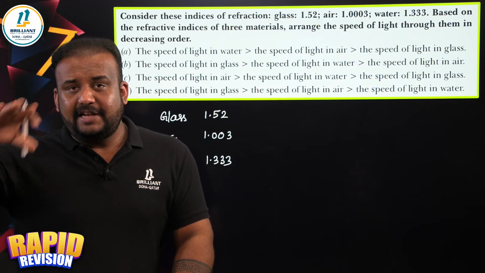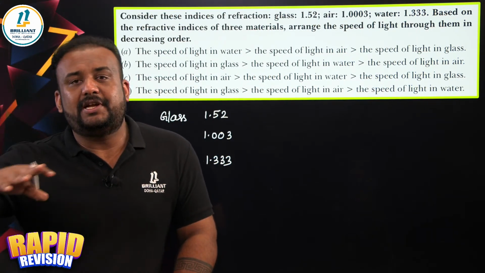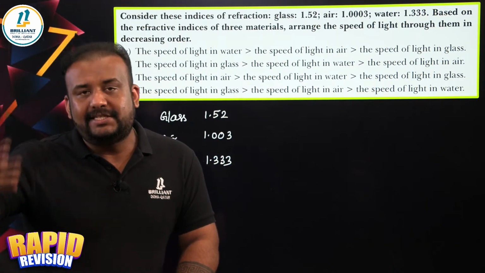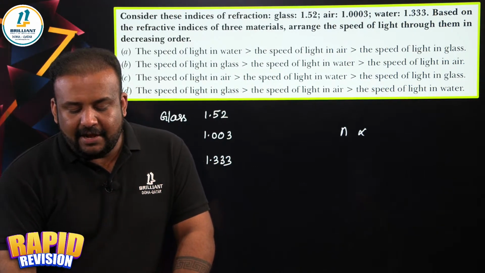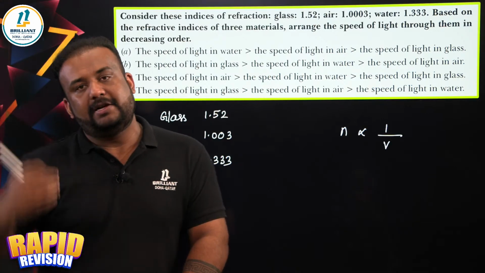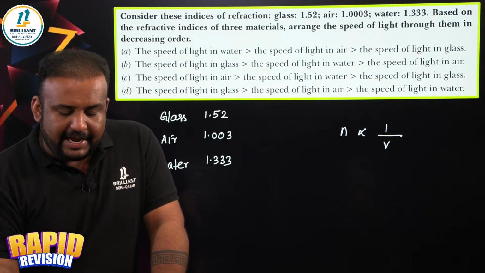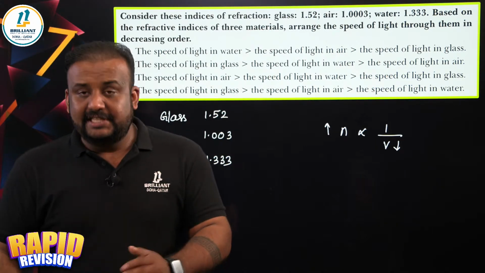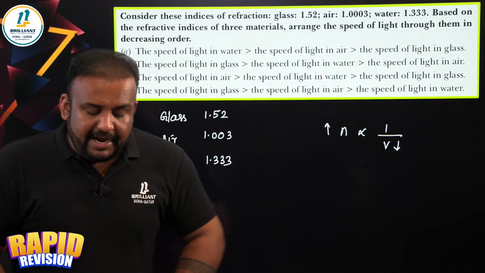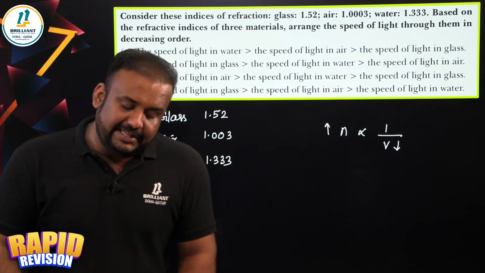You know that refractive index is a parameter to measure how much optically denser a medium is, right? Refractive index is inversely proportional to the speed. The higher the refractive index, the lower the speed. So we need to arrange these media by the speed of light in decreasing order.